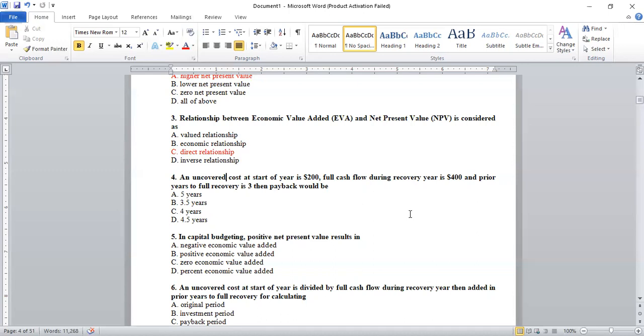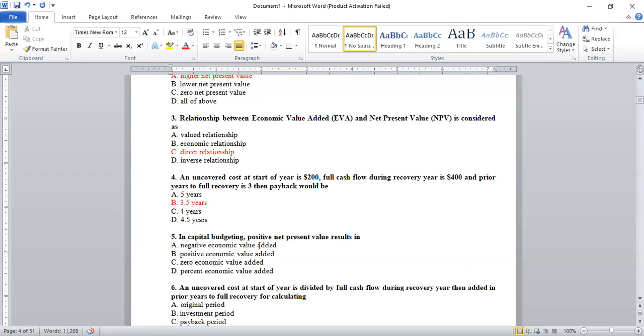Then add 3. We get 3.5, which is B. Yeah, this question is sometimes tricky. If you make a mistake, you get an answer, but it is a wrong answer. You have to be careful.